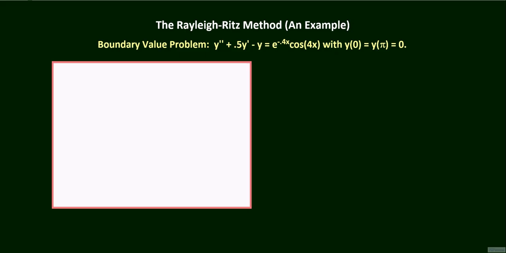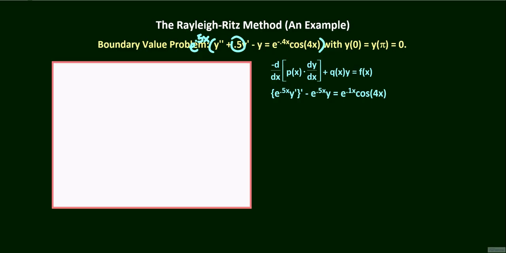Before we start the code, we convert the differential equation into this form. We multiply everything by the integrating factor e raised to the 0.5x power, 0.5x being an antiderivative of 0.5. The product rule in reverse transforms the derivative terms into the derivative of the product of e raised to the 0.5x power and y prime, and then we have the rest of the equation.